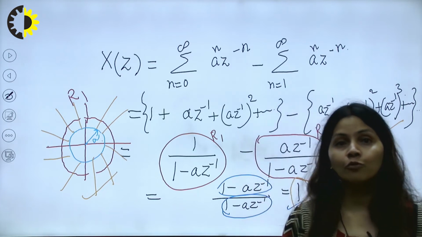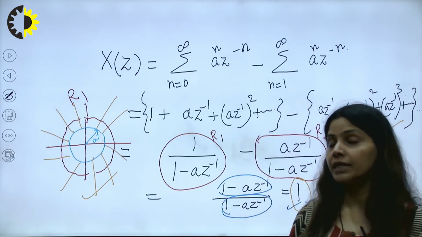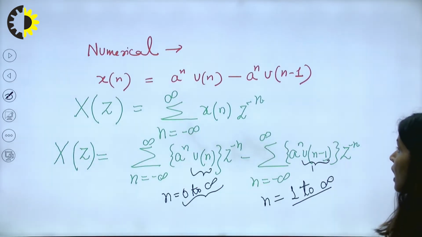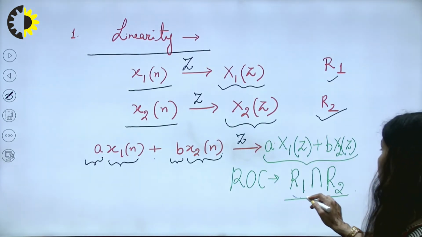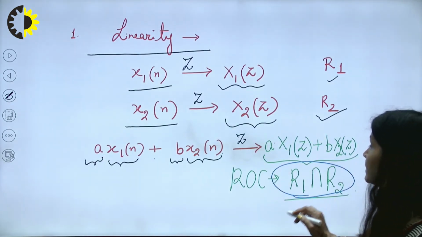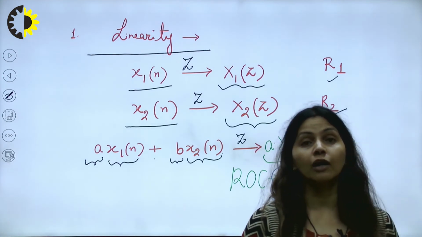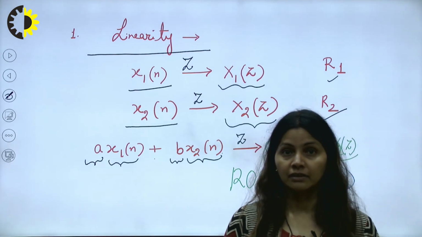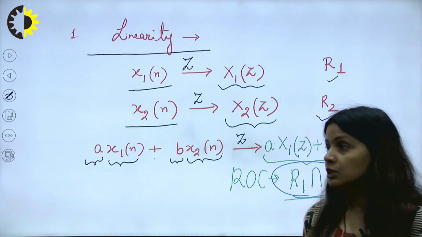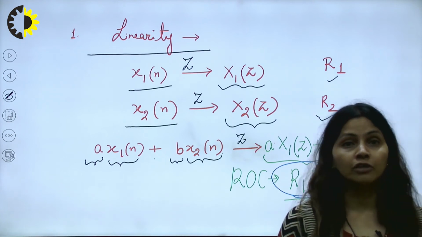Hence we can prove the linearity property: the ROC is the intersection of the two, but there are some cases where the ROC can extend. Okay, so this is the first property for the Z transform.